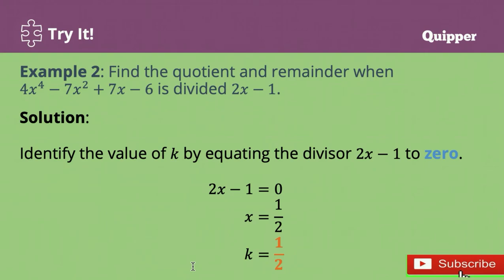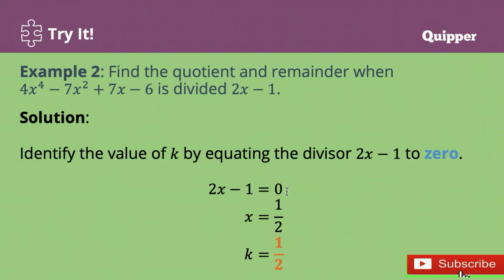Then we are going to identify the value of k by equating the divisor 2x minus 1 to 0. So 2x minus 1 is equal to 0. Then transpose this negative 1 to the other side. It becomes 2x is equal to positive 1.